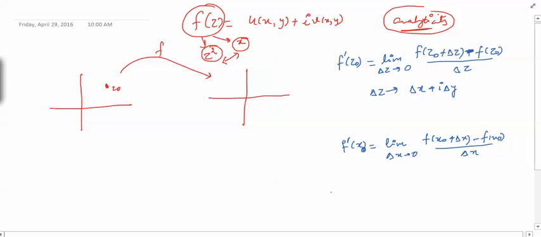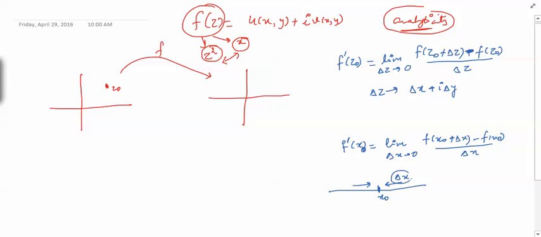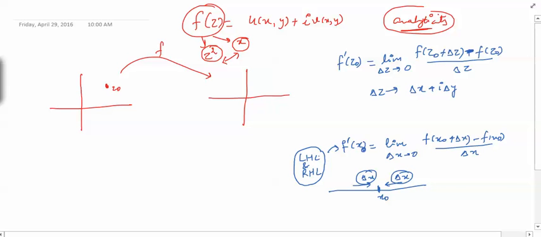In this case we have this point x0, we can go from this way or this way, so delta x can go to 0 from left or right. That is why we used to check the left hand limit and the right hand limit in real analysis, and if these two limits are equal, then we say that the function is differentiable, because existence of limit means that you can come from any path, the limit should be the same.